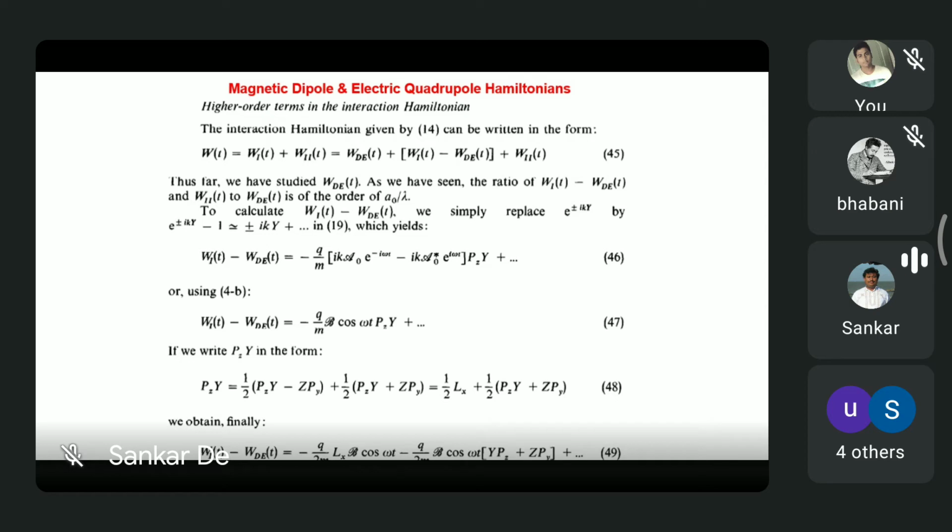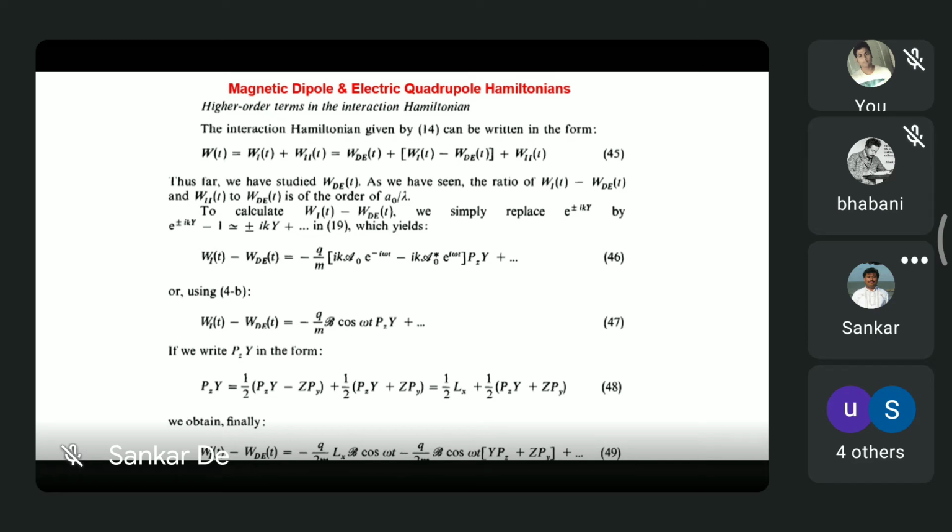And we can expand that term in terms of i k A0, minus i k A0, e to the power i omega t, and then p_z y.